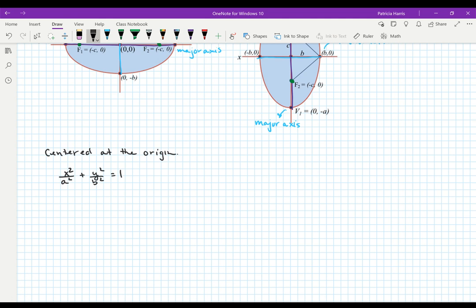So there are technically two different standard forms. This one, the major axis is horizontal, and then the next one, the major axis is vertical.